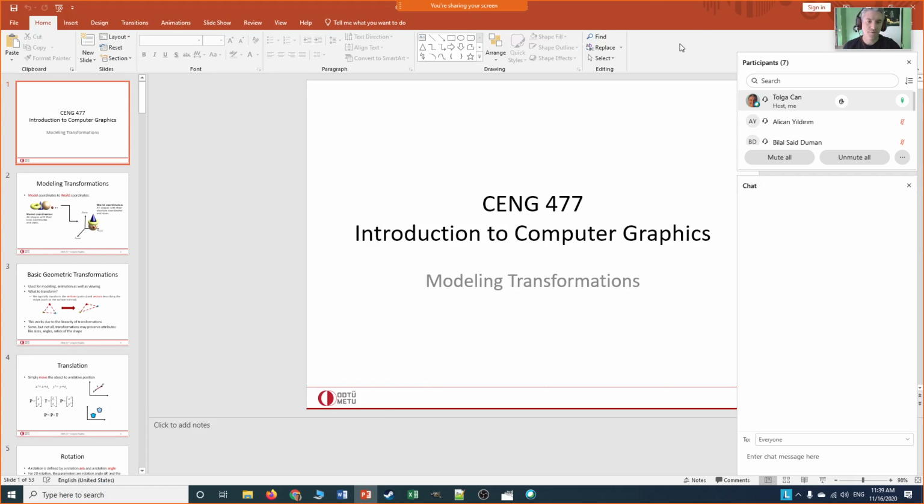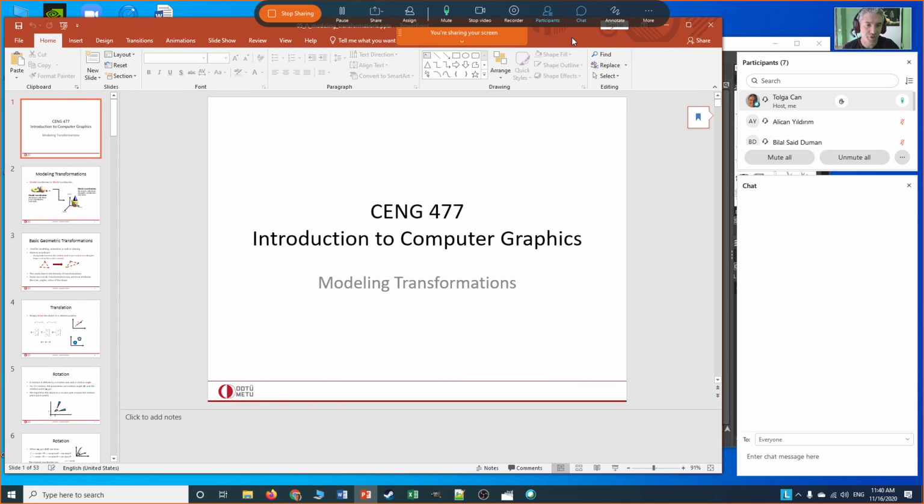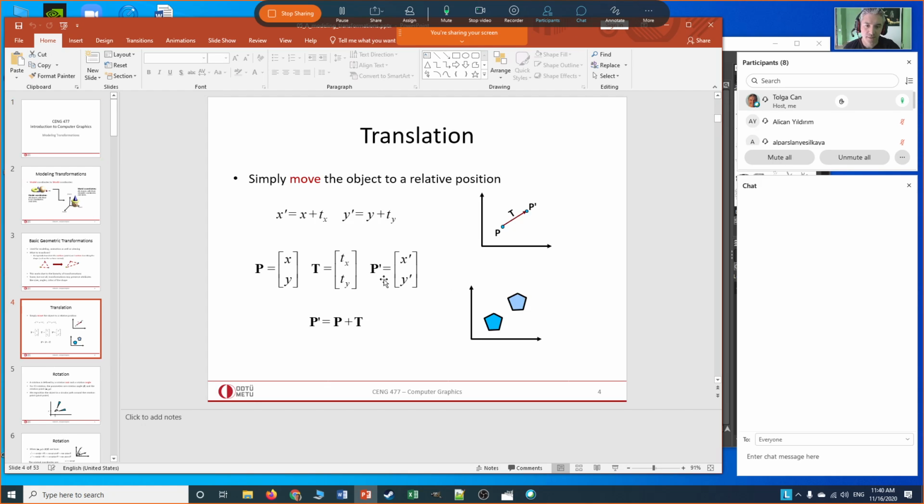All right, so the plan for today is to go over modeling transformation. We started with translation last week, and we have seen a 2D translation in matrix form, but we ended the lecture with an exercise asking how we can find the coordinates of the translated point not with matrix addition, but with matrix multiplication.